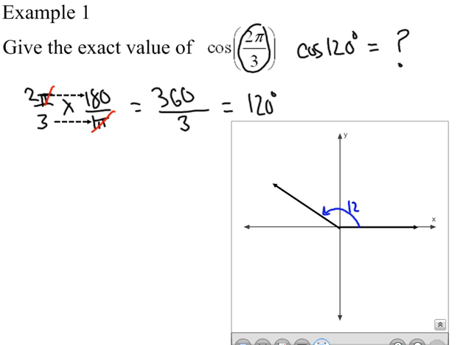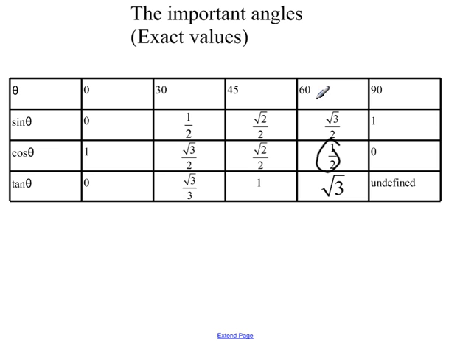So that's about 120 degrees, which means that the reference angle is 60 degrees. So I'm going to use the reference angle and find the cosine of 60 degrees. What's the cosine of 60 degrees? The cosine of 60 degrees is exactly 1/2.